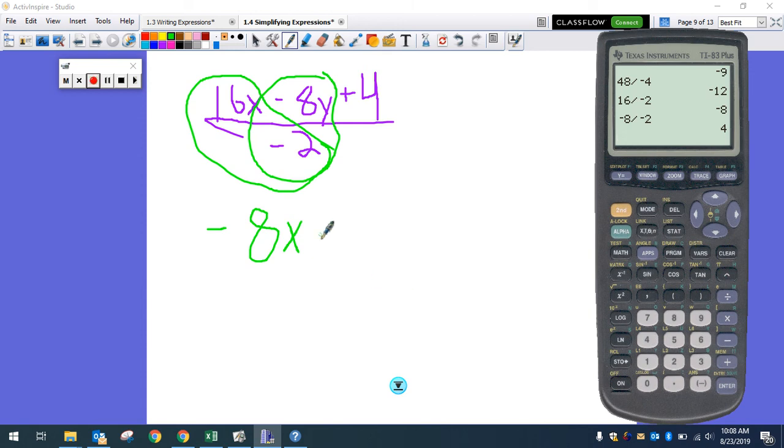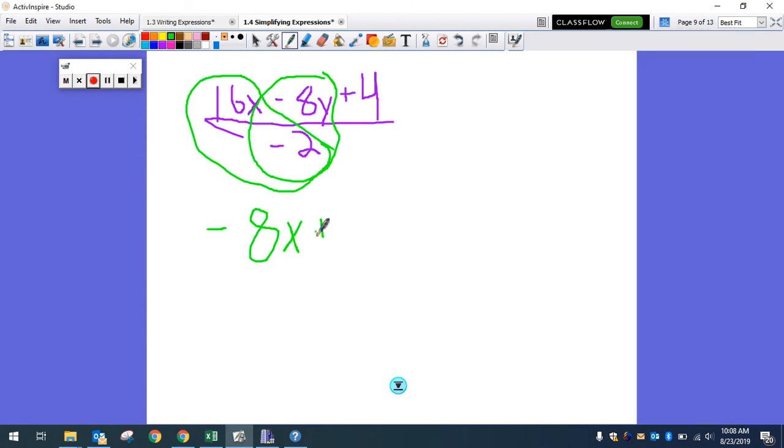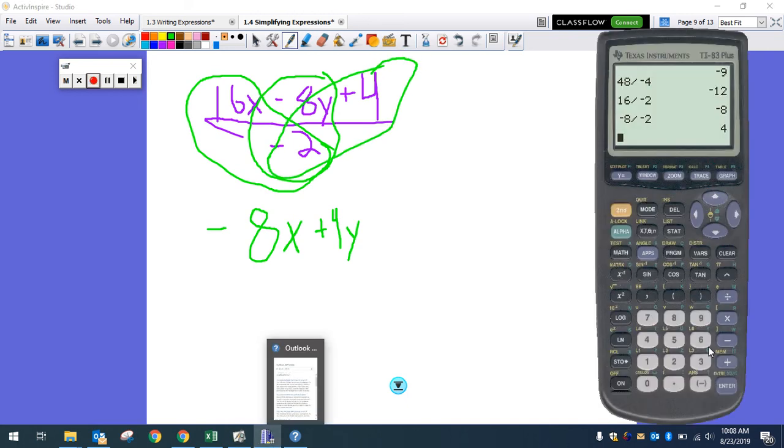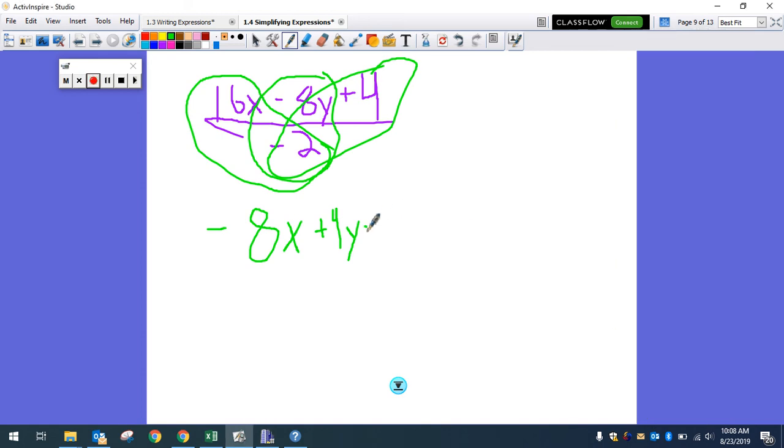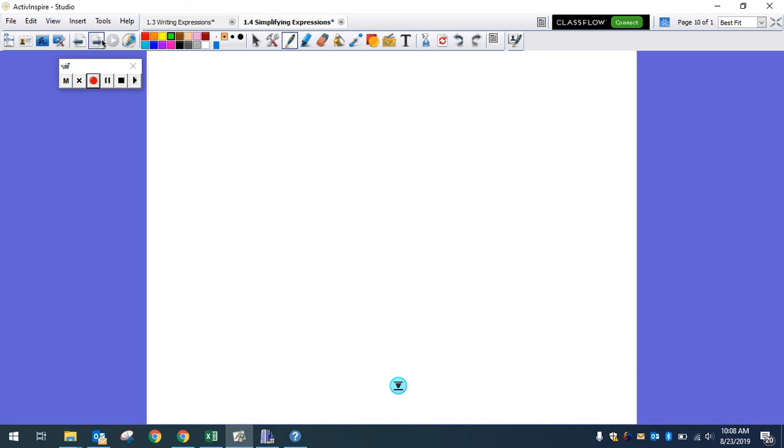I put a plus 4. And again, bring that y down with it. And then let's do this last division, 4 divided by negative 2. And that gave me a negative 2. So that's it. If you'll go try that worksheet and let me know if you need help.